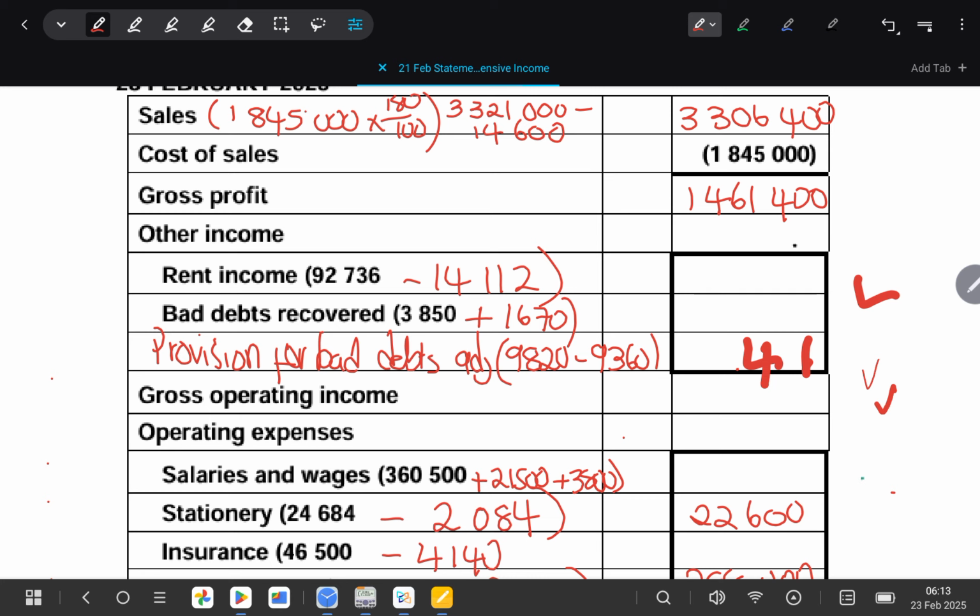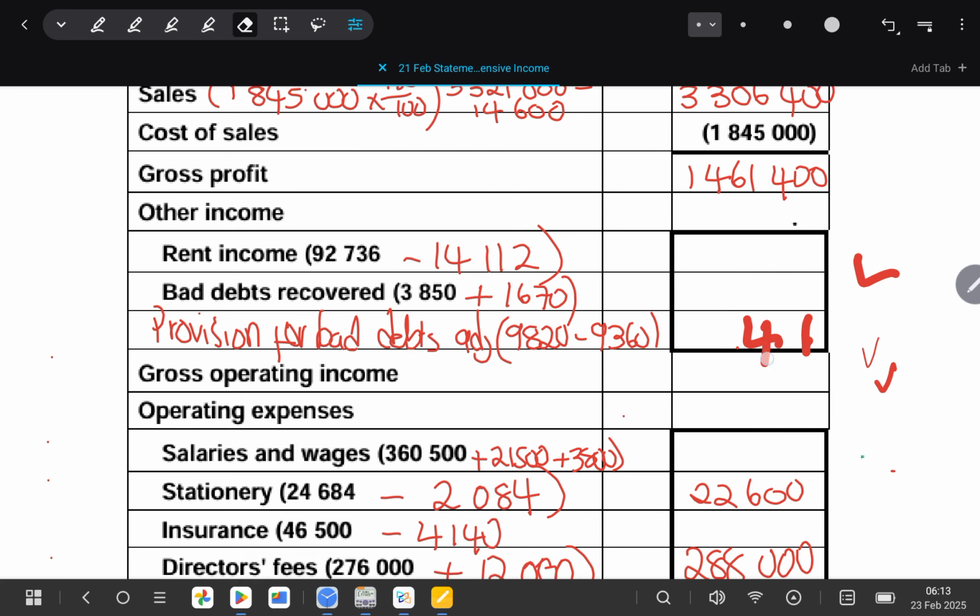Okay, I think this one is better. So I'm going to erase here.